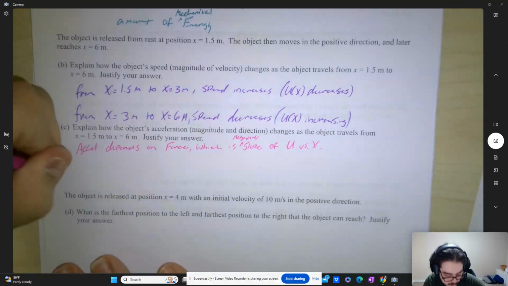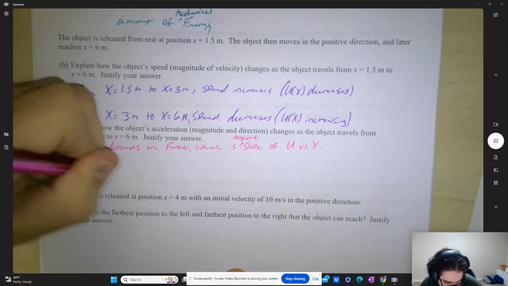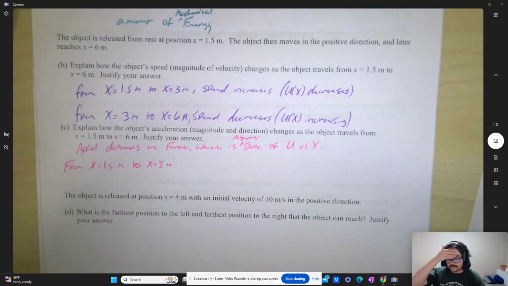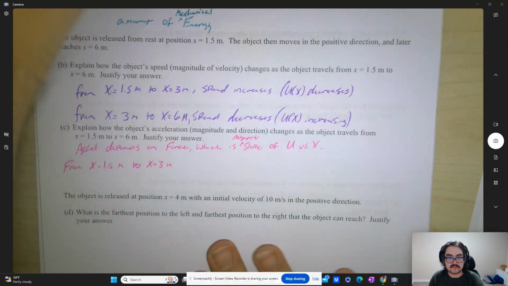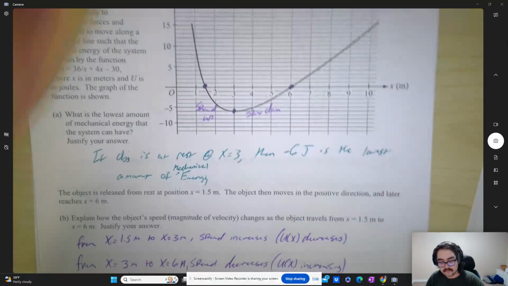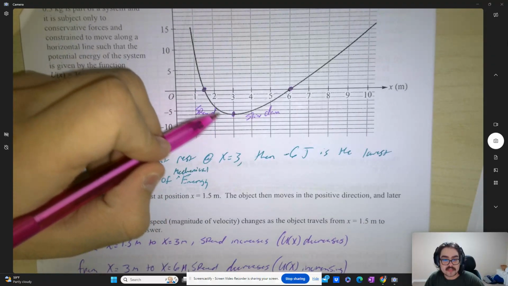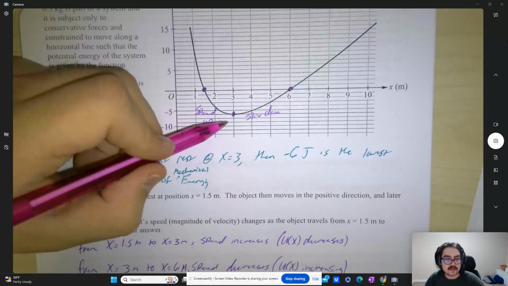So from x equals 1.5 meters to x equals 3 meters, okay, you should notice that what's happening, we're doing magnitude and direction, okay, you should notice that for the first segment, the slope is negative, so that the slope is negative and it's getting flatter. So it should actually be rightward and decreasing.